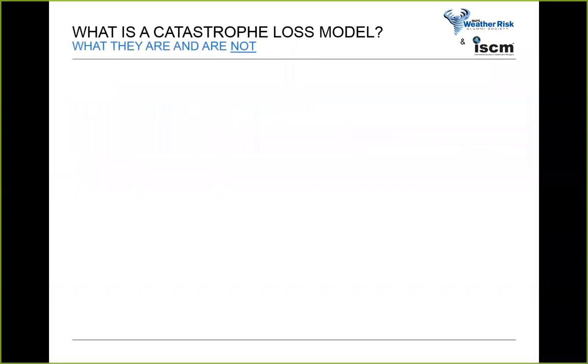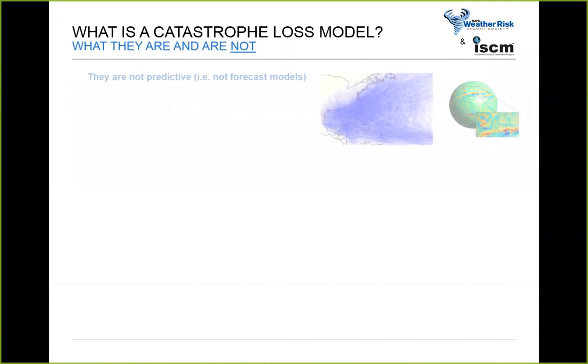Let me give a little more detail by stealing one of the slides from last time. What are CAT models and what are they not? First of all, they are not predictive. As I mentioned, these are all pre-compiled event sets of hypothetical storms that might occur in the future.